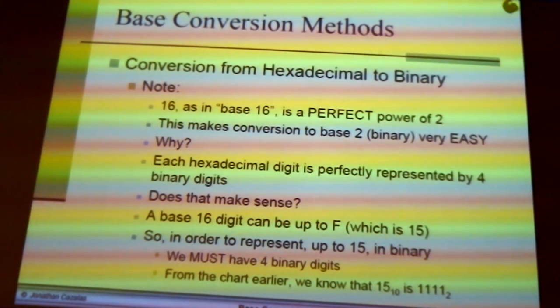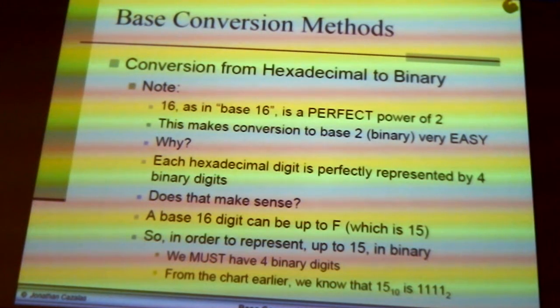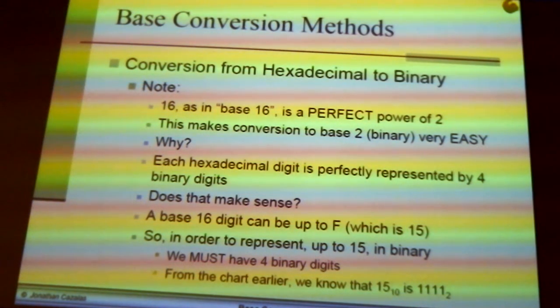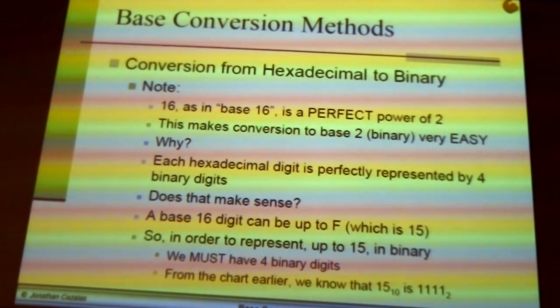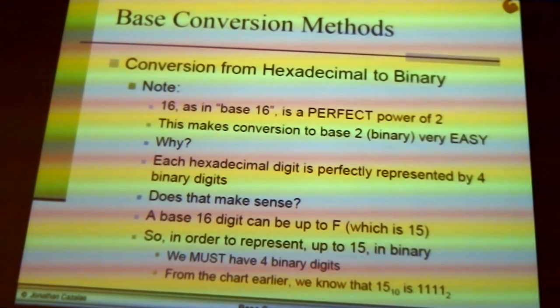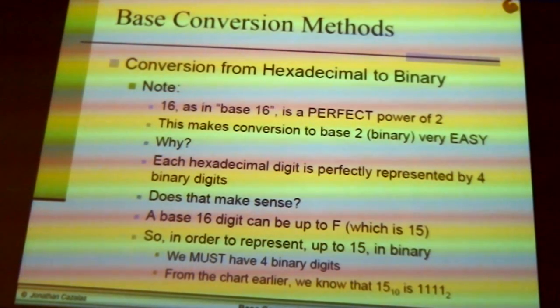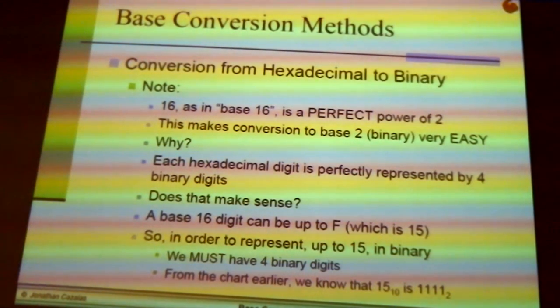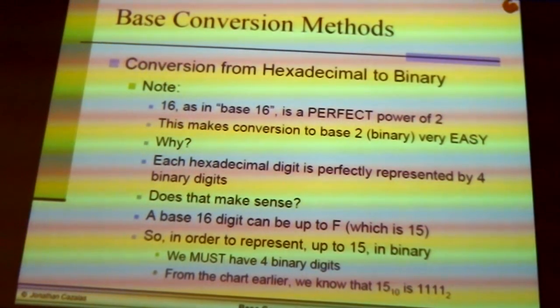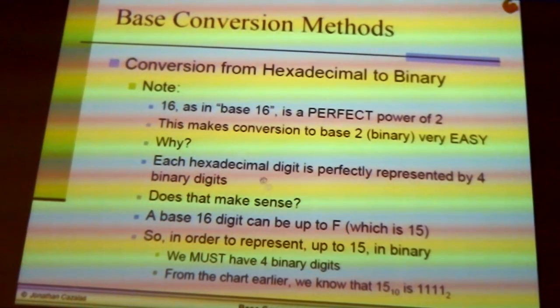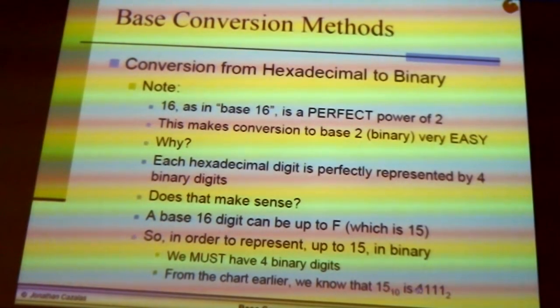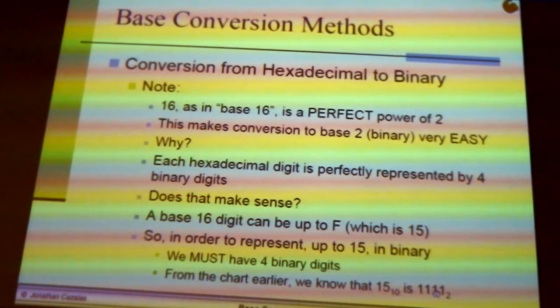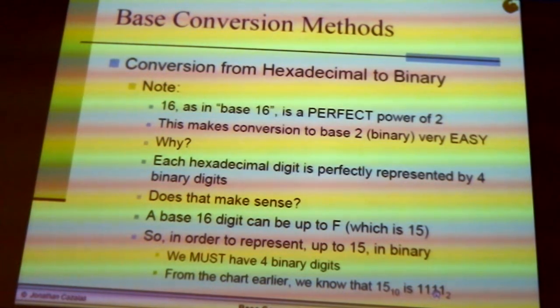Now, one of the interesting things is that because 2 of our bases are perfect powers of 2, we can also use binary to do the conversions, because it makes it just as easy. Because it's base 2, we can just translate those. A foxtrot, base 10, is the same thing as 1111 in binary, because all 4 bits are set.